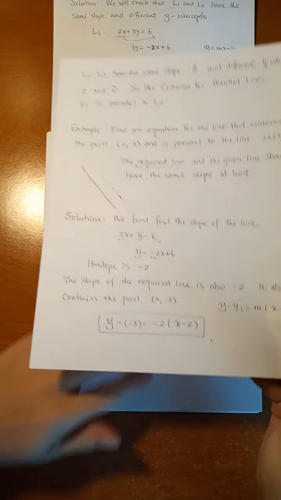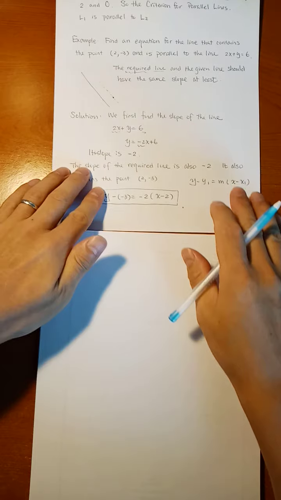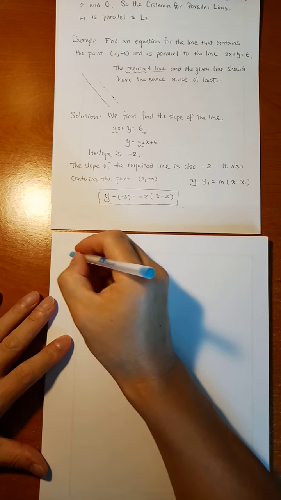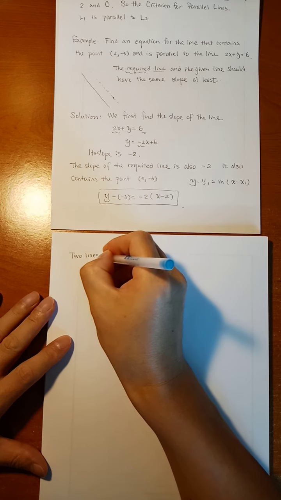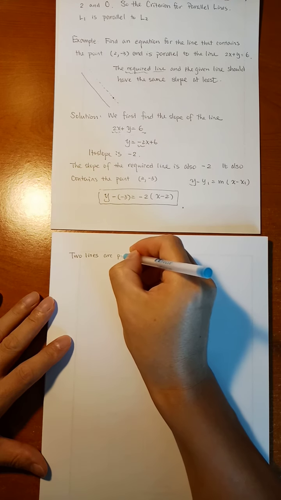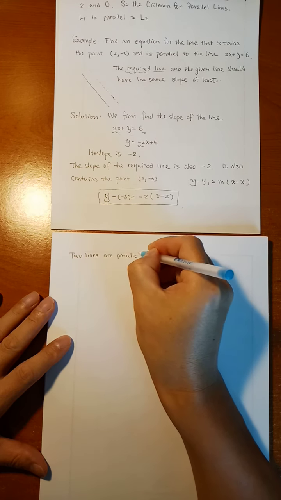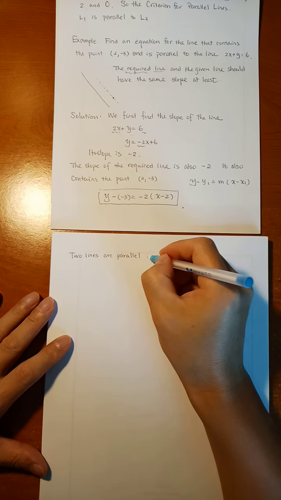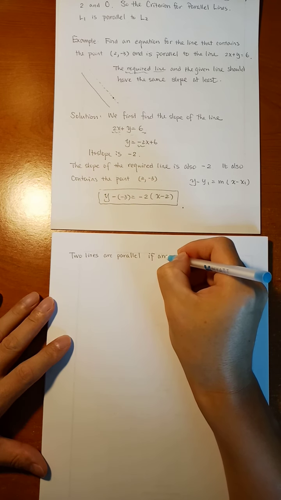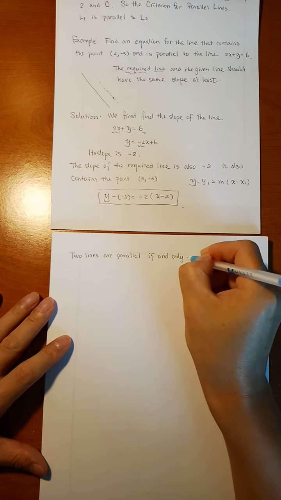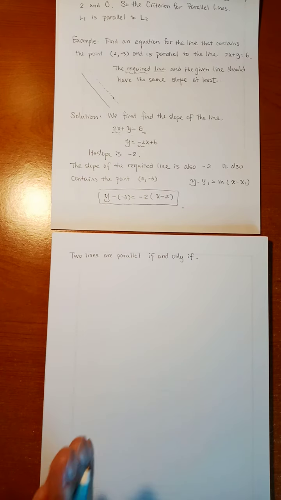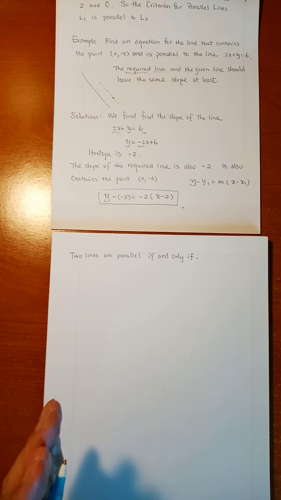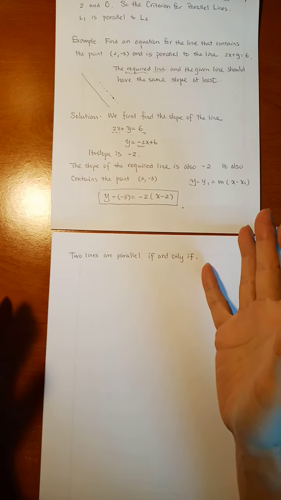Okay, now let's provide the second way to compute it. Two lines are parallel if and only if they have the same slope and different y-intercepts.